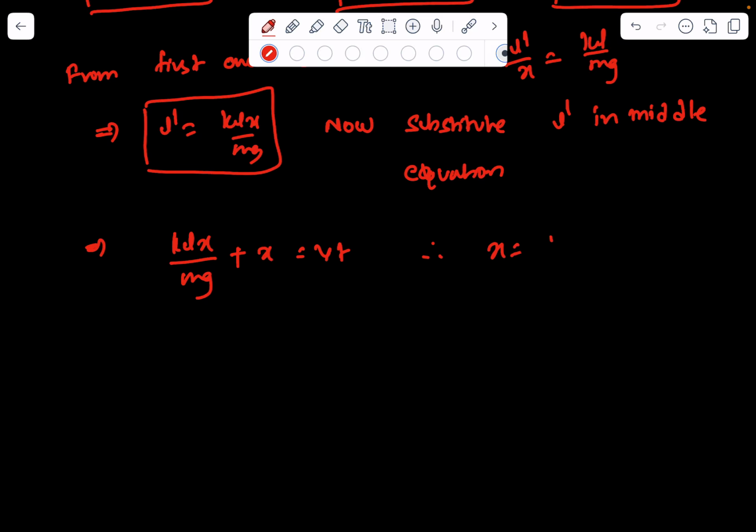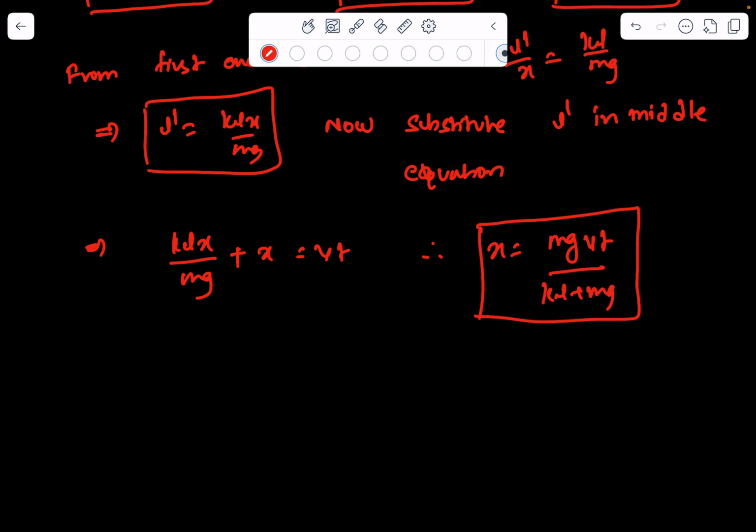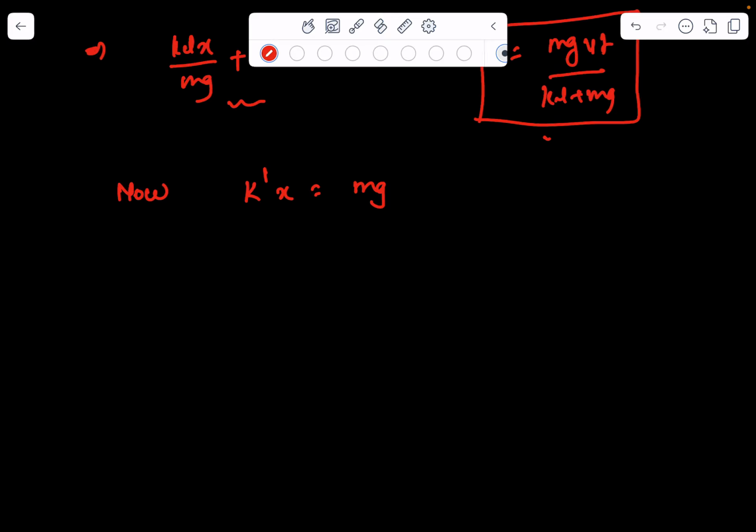Therefore, X will be mg Vt divided by KL plus mg. I'm not doing the simplification, we can write it simply like that. Now, we already have K dash X is equal to mg.